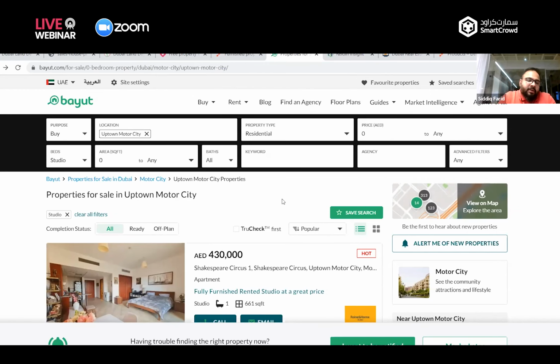From a community perspective, it's a phenomenal community. There's lots of amenities. If you've been to Motor City, that commercial area, it's phenomenal. It's like you're not in Dubai, you're in some Western city neighborhood, because they've got lots of things happening over there. It's a very lively place, right? And from a location perspective, it's not so bad.